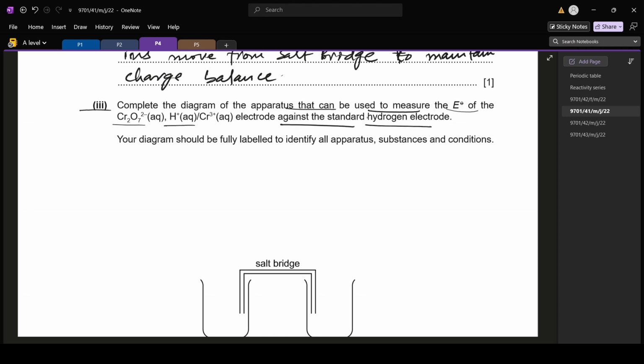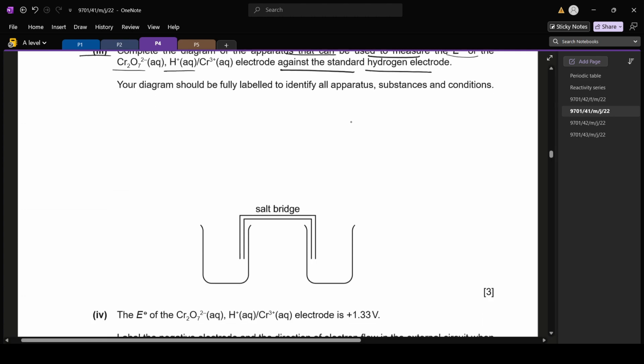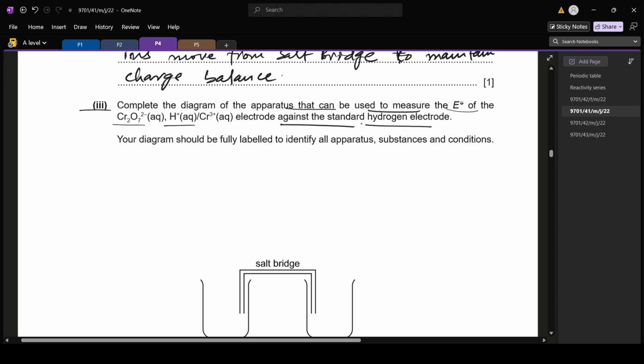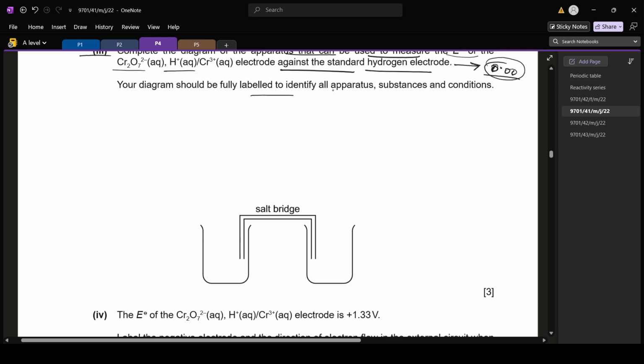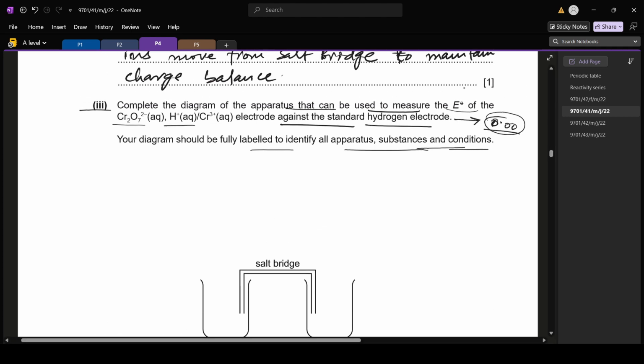You have to draw a diagram to show how to measure this. First, remember that the electrode potential of the hydrogen electrode is 0.00, which is why it is the standard electrode. Your diagram should be fully labeled to identify all apparatus, substances, and conditions.